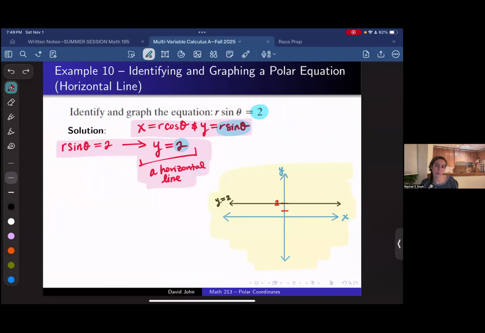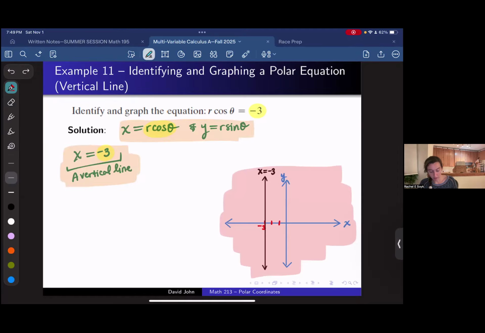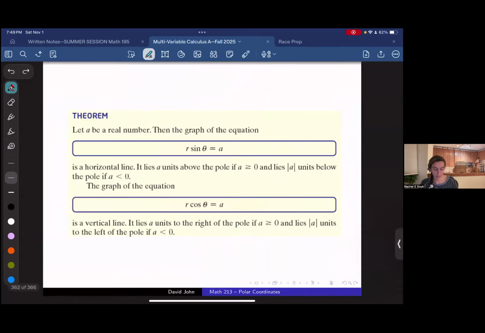There we have it. Whereas example 11, we're going to probably look at the opposite. Nice vertical line. Our r cosine theta is the same as x, so we're looking at x is equal to -3, which is a nice vertical line. And again, quite straightforward to graph.